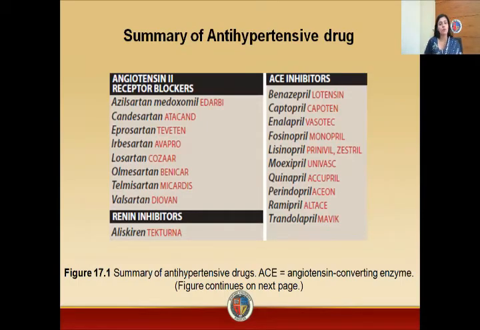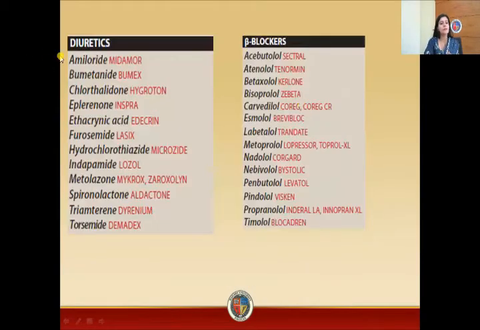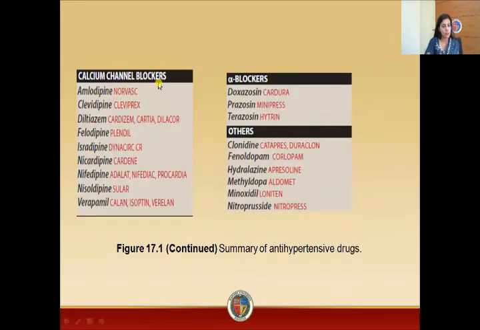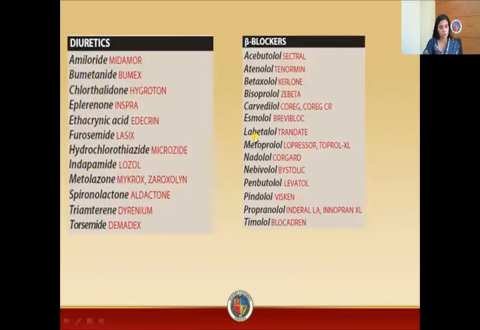The drugs which are used to treat hypertension are the antihypertensive drugs, or you may call them antihypertensives. You classify them as angiotensin 2 receptor blockers, renin inhibitors, ACE inhibitors, diuretics, beta blockers, calcium channel blockers, alpha blockers, and miscellaneous drugs.